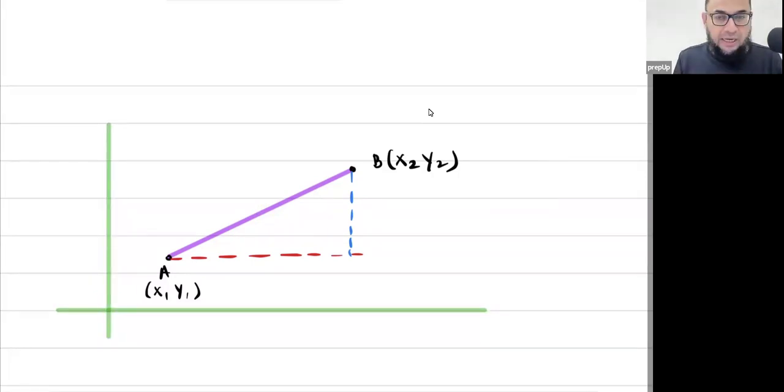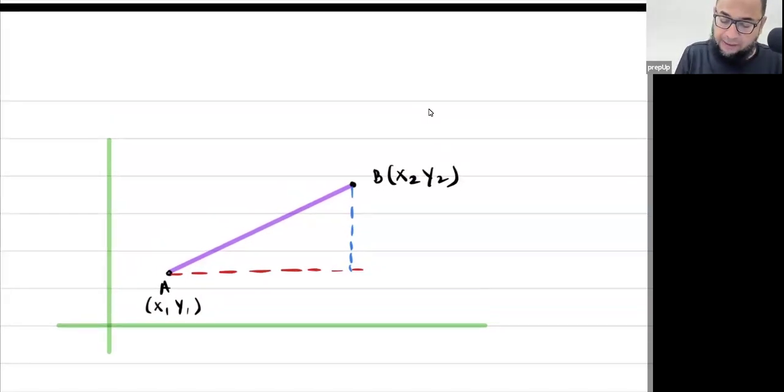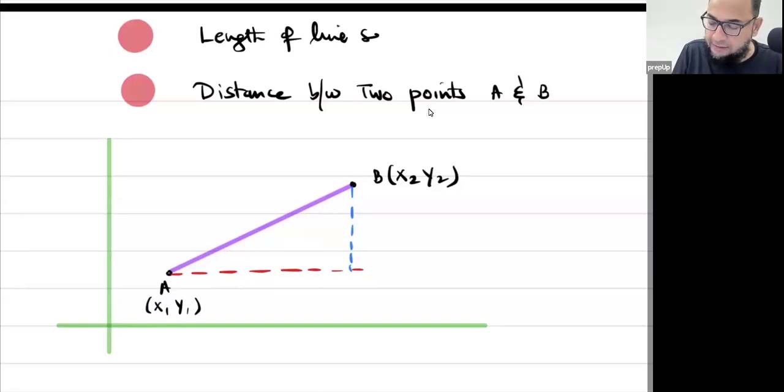So now if we are talking about the distance between 2 points, so I'll label everything. Distance between 2 points A and B, can I say that this is the same thing as length of line segment AB? Yes, I can say that.